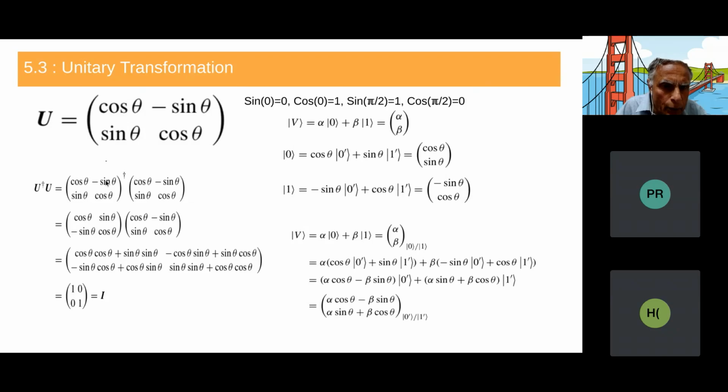If you take the complex conjugate of the same U dagger, it turns out that the minus sin theta transposes out there, the a01 and a10 entries reverse, and cos theta remains as is.